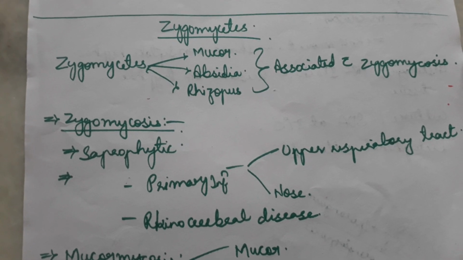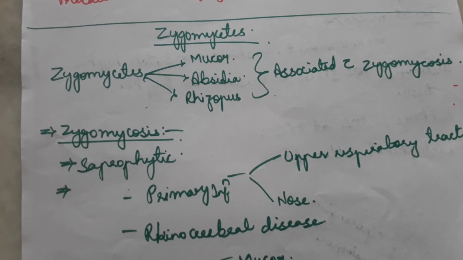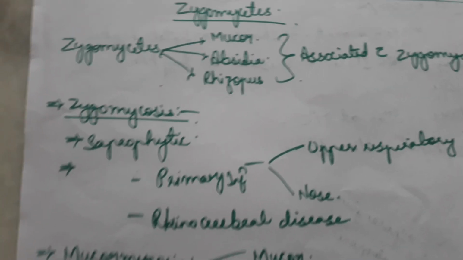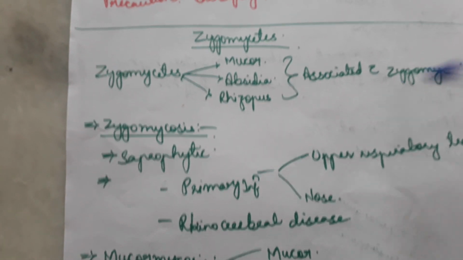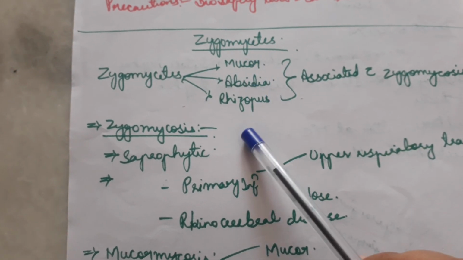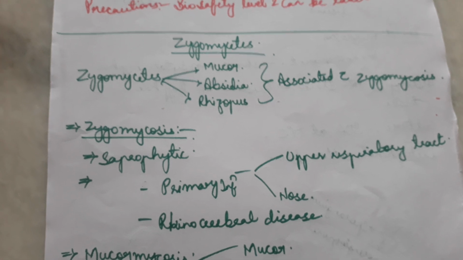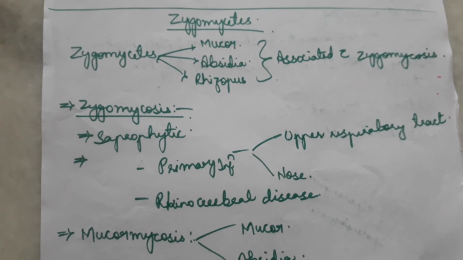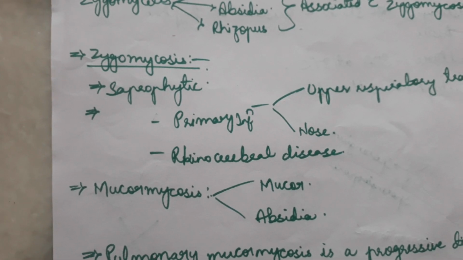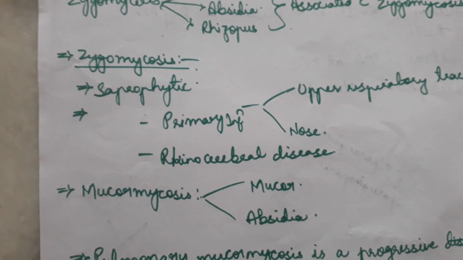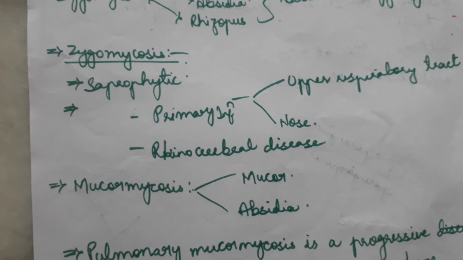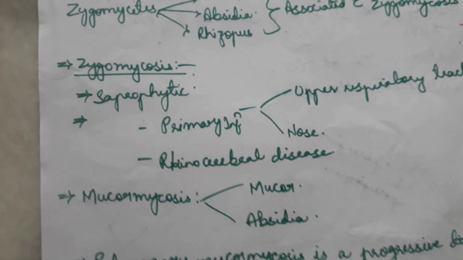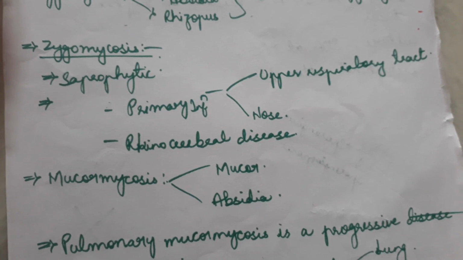So Zygomycetes is a class and these are the genera: Mucor, Absidia and Rhizopus, associated with zygomycosis. These are saprophytes, and the primary infection we see in the upper respiratory tract and nose, and the other is rhinocerebral disease.